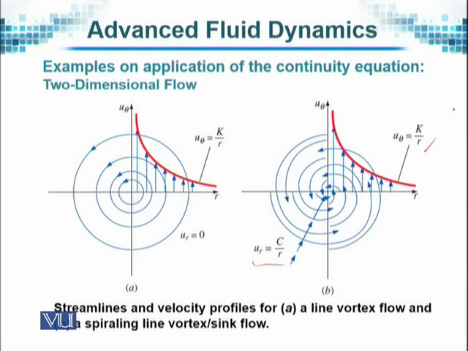In our kitchen, for example, if the water is flowing down into the sink, we see this kind of motion. So this is another example of a different type of circular flow which satisfies the continuity equation.